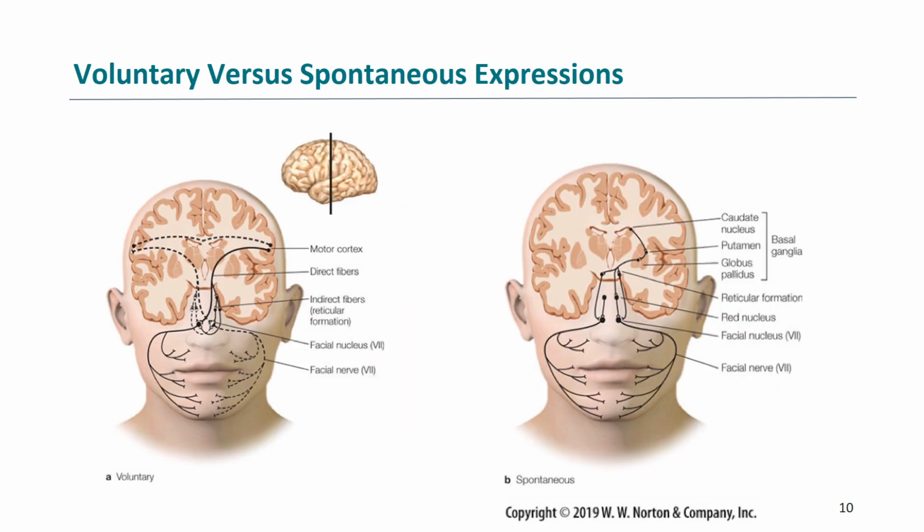Voluntary versus spontaneous expression. This is for facial expression. This is the motor cortex, and this is a direct pathway of fibers controlling the right side of the face, and this is the indirect fiber, still crossing to the other side and controlling the right one.